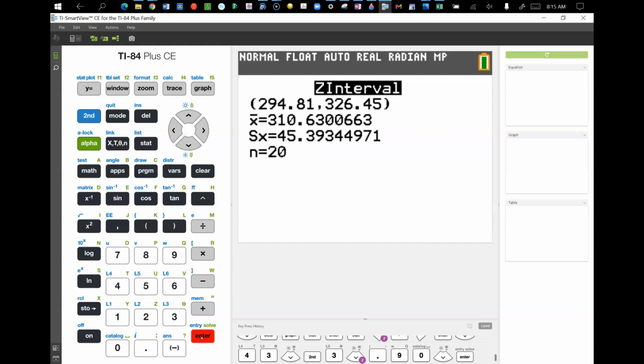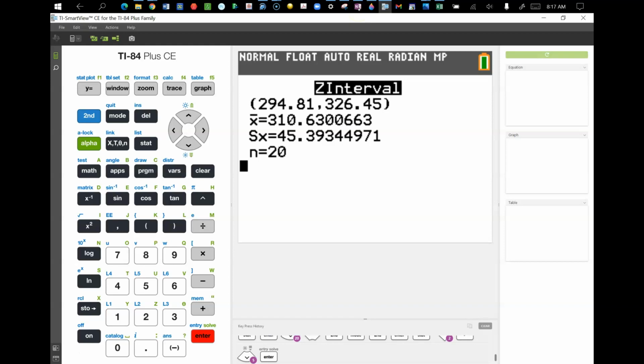Okay, so a little word here about showing your work. The calculator shows you the final confidence interval, which is fine, and you should write that down. But if that's all you write down, then you will get it wrong. So be careful about showing your work.